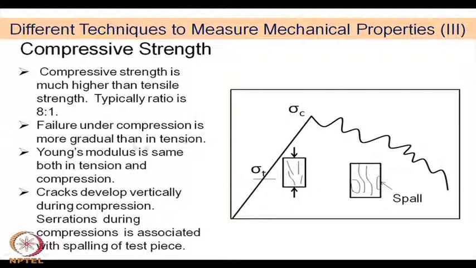So, failure under compression is more gradual than in tension, and that is also demonstrated here. If you have a tensile load, it follows this line because of the elastic deformation, and then suddenly fractures. Whereas in compressive load, you have a more gradual breakdown or deformation before it actually fails somewhere there.